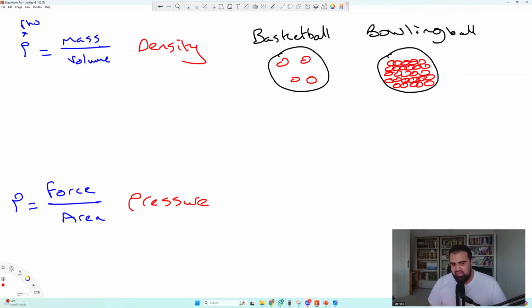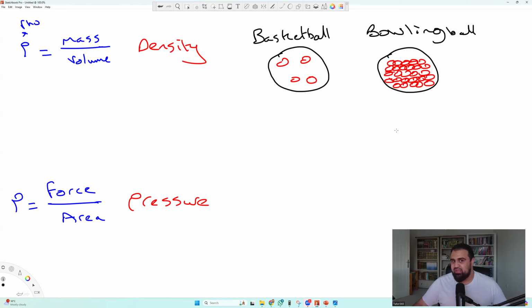So what I'm trying to say, density, how dense an object is, depends on how much mass there is in a given volume. So you can think of the volume, which basically means space. So both the basketball and the bowling ball have the same space inside. But the bowling ball is much more dense, hence why it's heavier as well.